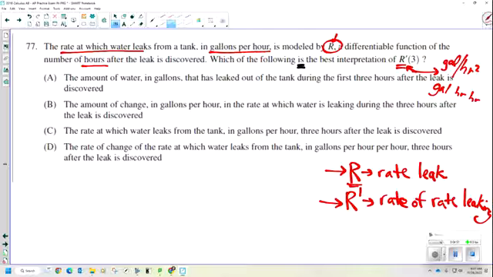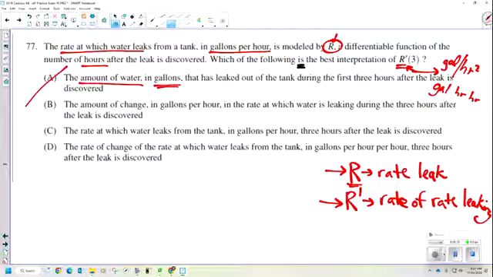So let's look, based on the label alone. A is the amount of water in gallons. No, the amount would be to integrate to go back, so that it's not a rate, so that it's just a value, gallons. Can't be that. B: the amount of change in gallons per hour in the rate at which the water is leaking during 3 hours after the leak is discovered.